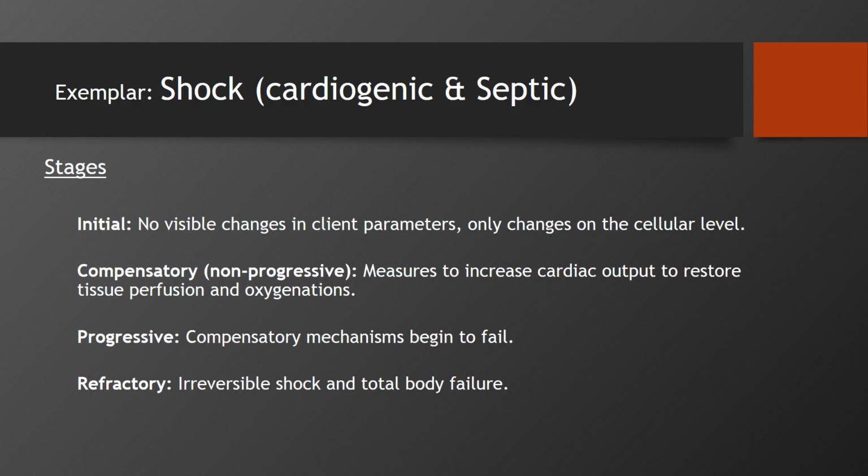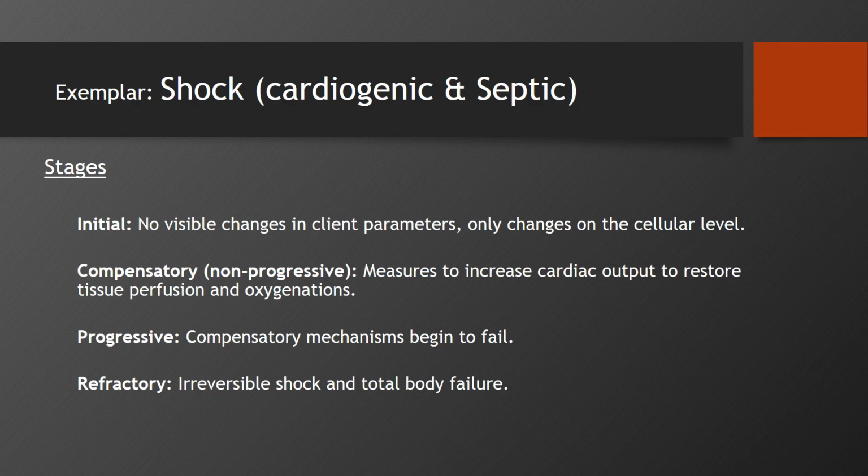So this is where you might see someone is tachycardic, their heart rate's gone up, or tachypneic, their respiratory rate's gone up, okay? They may at this point have a normal blood pressure or maybe a slightly higher blood pressure because they're vasoconstricted, okay? So their body's trying to compensate for the injury or insult that is happening to them, okay?